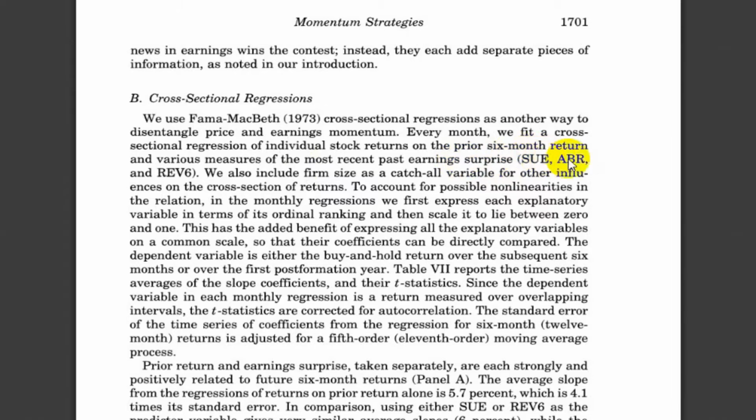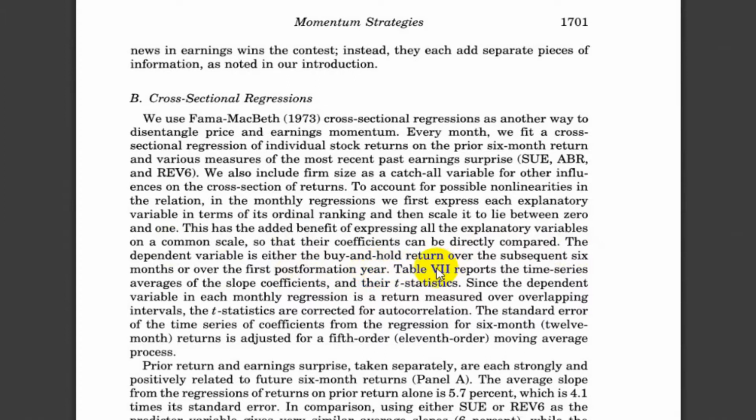So we've used the SU, ABR, and the Rev 6. They also add in the firm size, and they make it so the variables are on a scale of 0 to 1, so their coefficients can be compared easily. The dependent variable is going to be the 6-month return or the 1-year return.